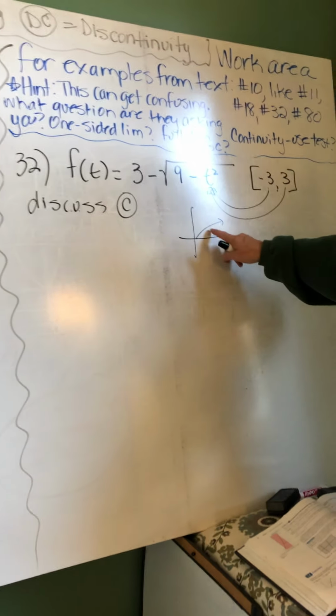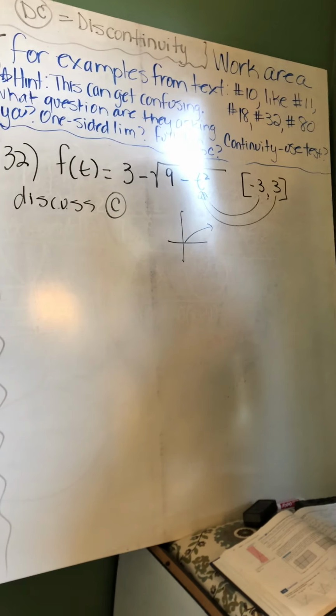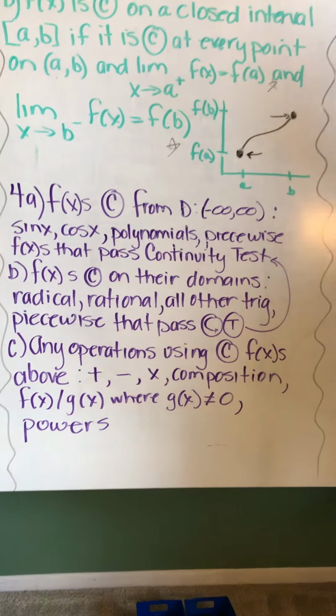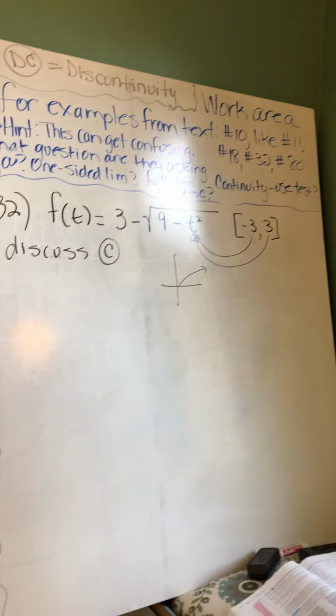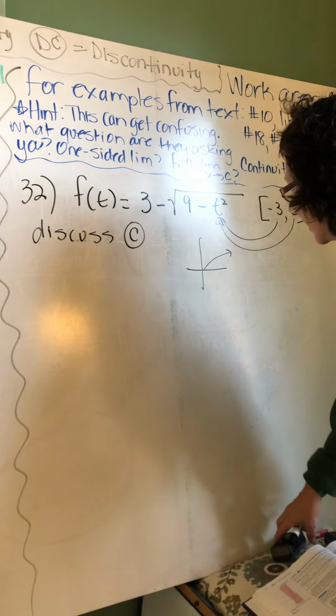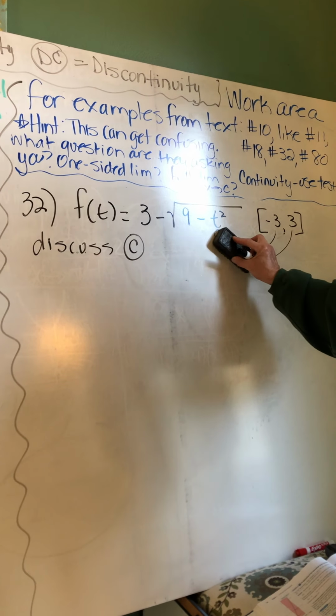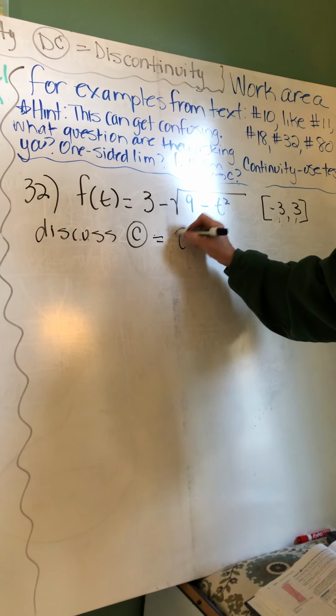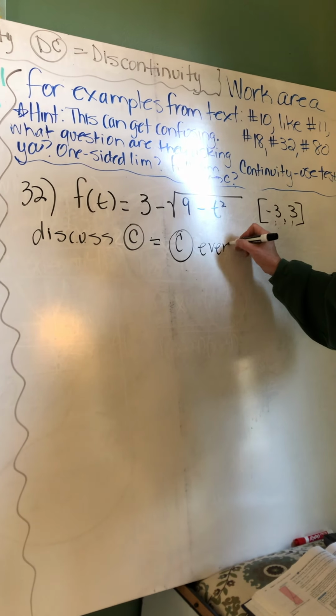So on its domain, a square root is always continuous, and the subtraction of 2 continuous functions is continuous. Okay, now I do want to talk about this graphically though. I think this is continuous everywhere, is what I'm saying.